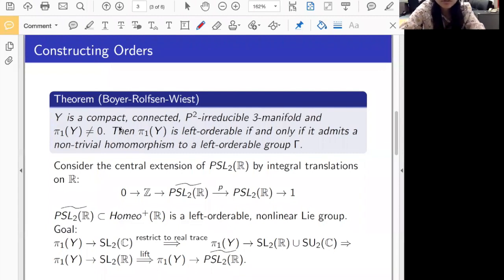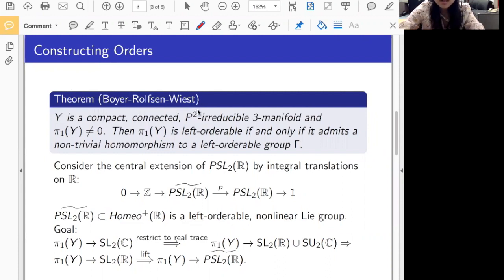I'm going to focus on the left orderability side of the conjecture in this talk. In general, how do you determine whether a fundamental group is left orderable or not? Well, we can use this theorem by Boyer, Rolfsen, and Wiest.